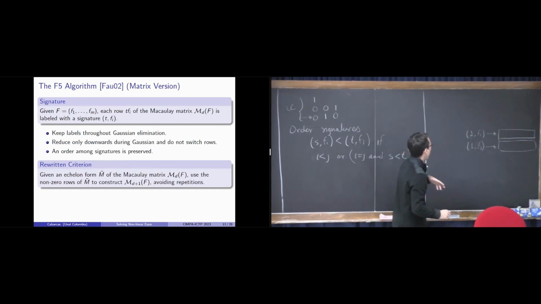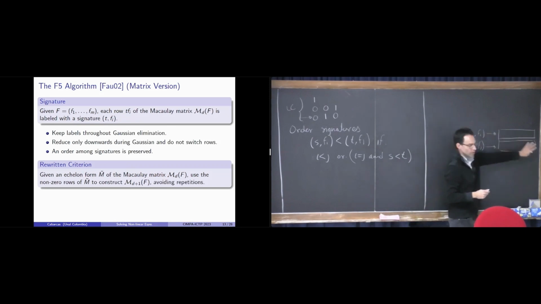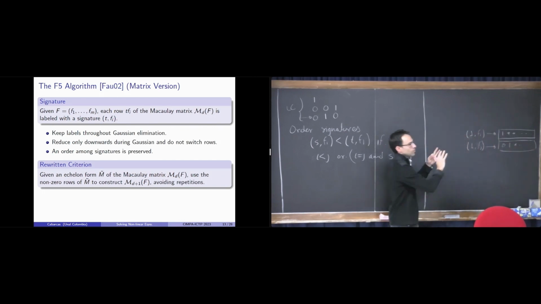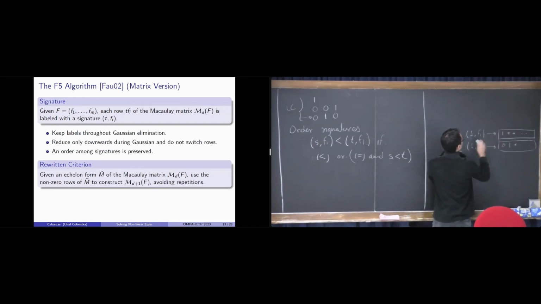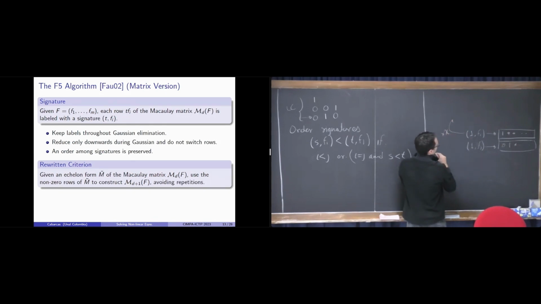So we're going to construct the next polynomials at the next degree by multiplying these ones, right? We do Gaussian elimination here. So this may become something like this. This one, let's say, is something like this. So we have a 0 here, and it got reduced. Now, we use the reductions we already did. We construct the next degree Macaulay matrix from this one by multiplying by variables. So we're going to take this one here, and we're going to multiply it, I don't know, by x, right?